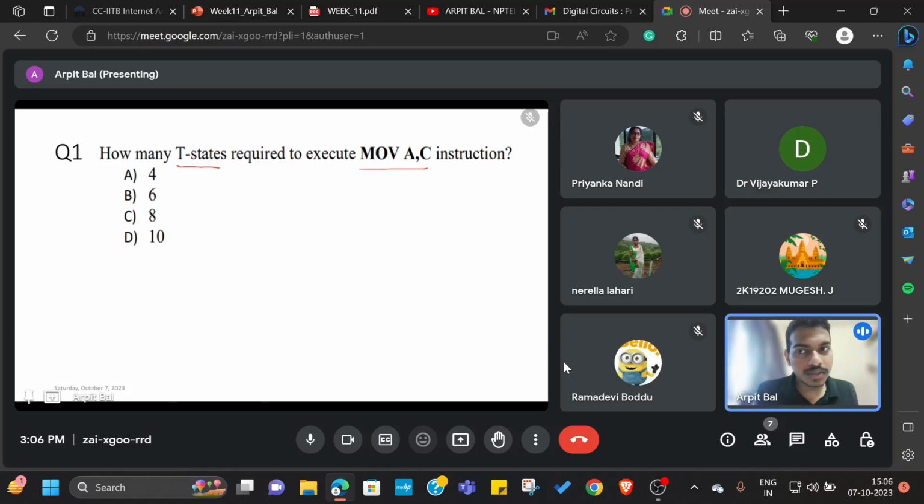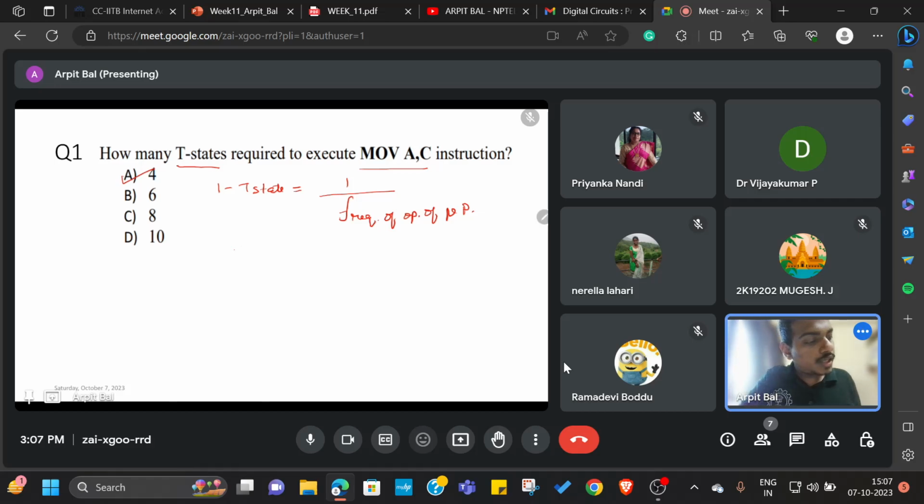For MOV A, C? 4. Correct. So for the MOV instruction, the number of T states required is 4. One T state is equal to 1 by the frequency of operation of the microprocessor.